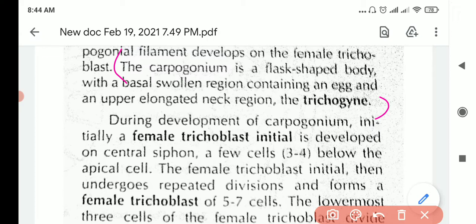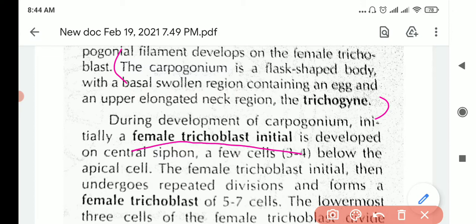During the development of the carpogonium, remember we always start with one cell, which we call the initial cell. Even in Lycopodium, there was an initial cell. Here also, we will have one female trichoblast initial. You always need one class leader, like a class representative.